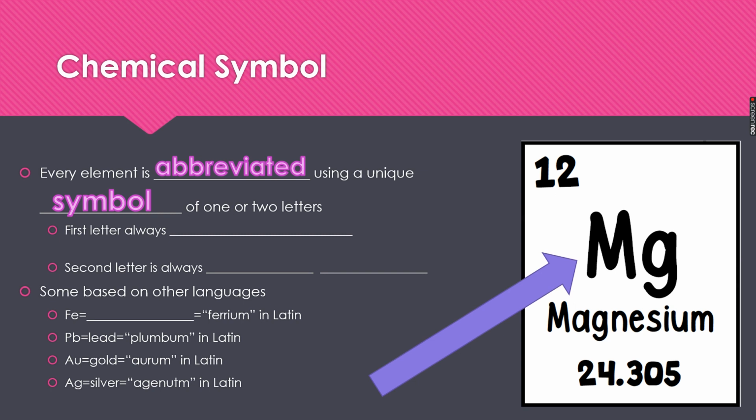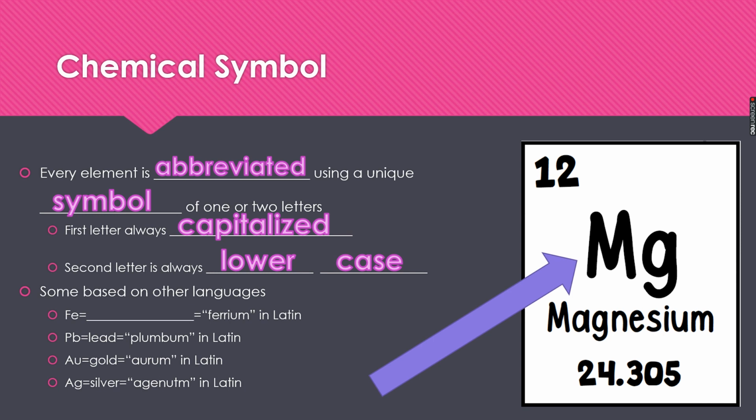Now when we write chemical symbols, just like you write your name, the first letter is always capitalized. Okay, it's a proper noun. The second letter is always going to be lowercase. So anytime you see 2 letters together in a chemical symbol, the first one will always be capitalized, the second one will always be lowercase. If it's a single letter, it's always going to be capitalized.